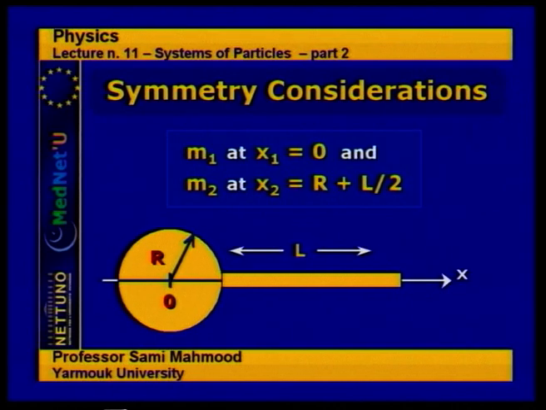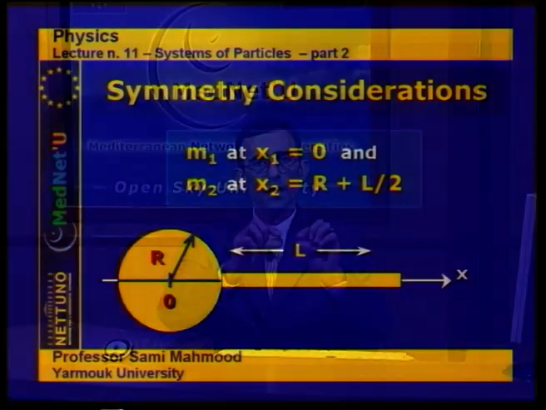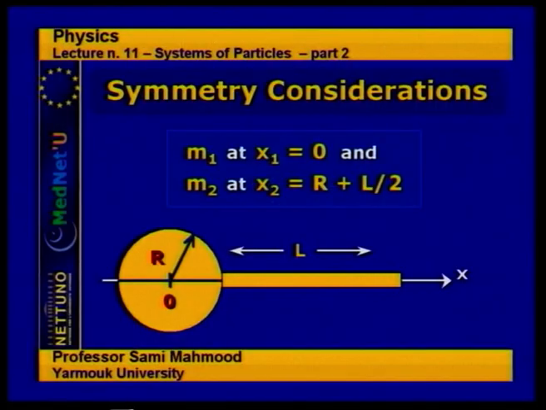Now, the rod is a uniform body and we assume it has a uniform density, the whole body has a uniform density, so it would be easy to determine the center of mass for the rod.